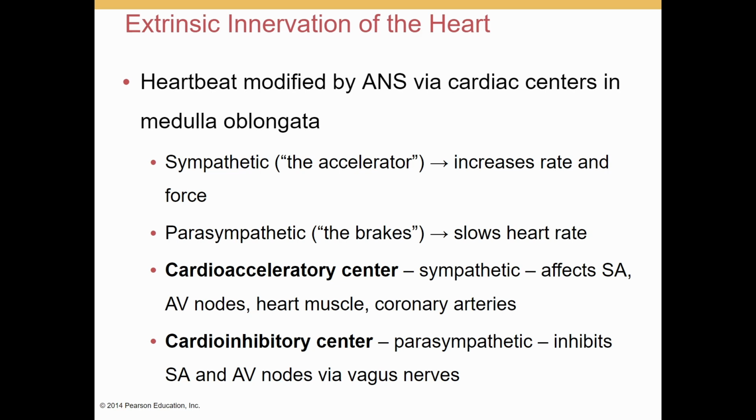The cardioinhibitory neurons can do a similar thing. They are going to communicate with the parasympathetic nervous system, be located in the cardioinhibitory center, and they cannot stimulate but inhibit the SA and AV nodes, and they're going to use primarily a vagus nerve. A vagus nerve is a really large parasympathetic nerve, also known as a cranial nerve.